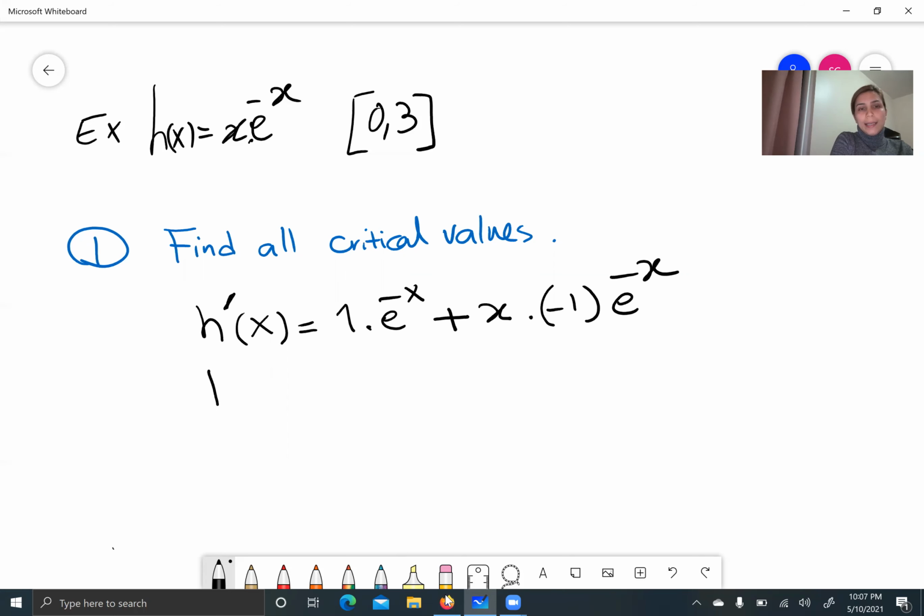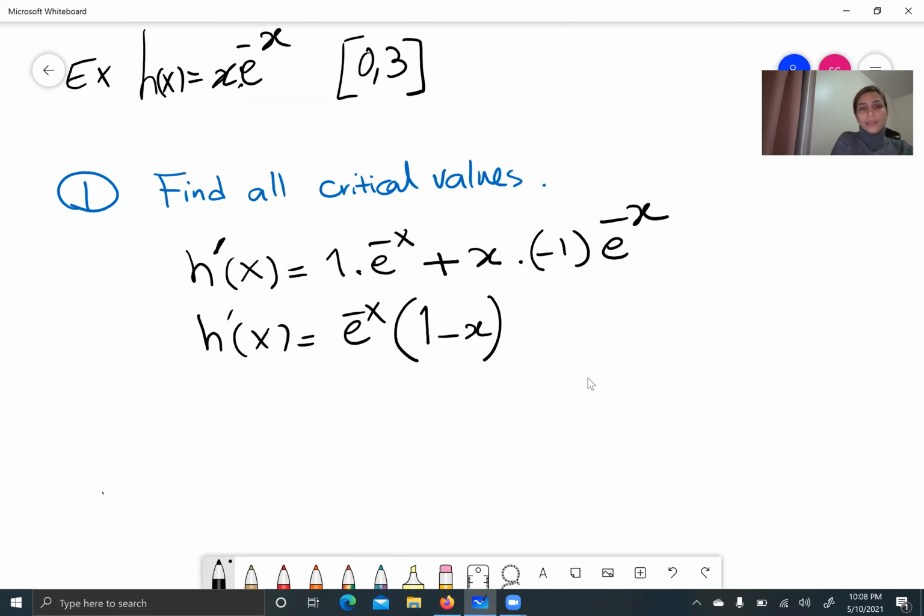I can rewrite it. So this is going to be e to the negative x times the quantity, factoring e to the negative x out. From the first term we end up with 1, and from the second term we have negative x. And if you want to find the critical value, we just set this equal to 0. So we solve the derivative equals 0 for x.